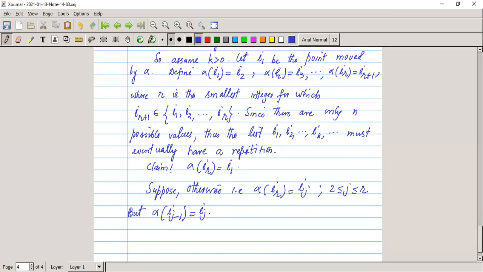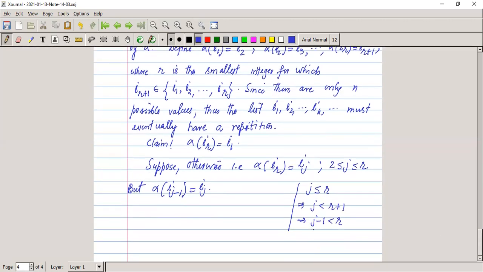Now we can look at these two numbers, IR and Ij minus 1. These are actually two different numbers, because j is less than or equal to R. Since j is less than or equal to R, j is less than R plus 1, so j minus 1 is less than R. The final thing that we need here is that j minus 1 is not equal to R.